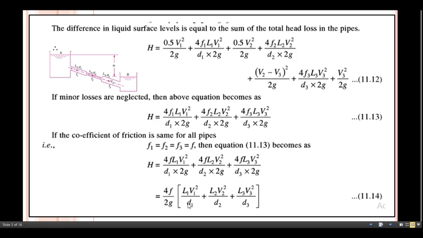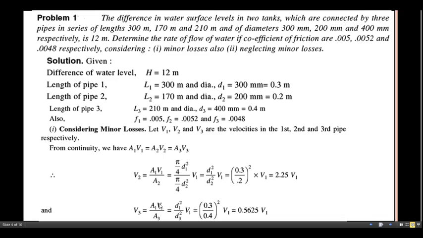That is H. Now see, the difference in water surface levels in two tanks which are connected by three pipes in series of lengths 300 meter, 170 meter and 210 meter, and the diameters 300 mm, 200 mm and 400 mm respectively is 12 meter.